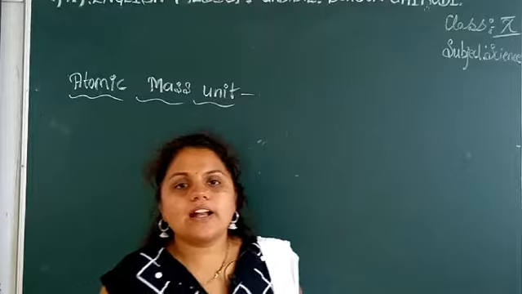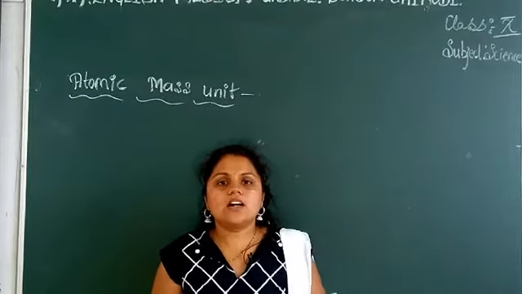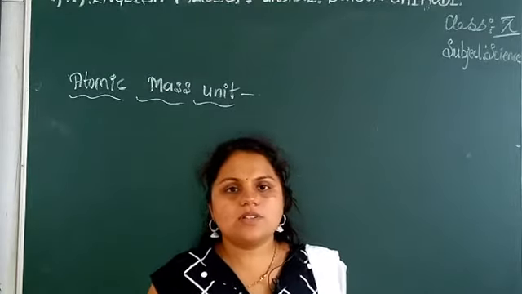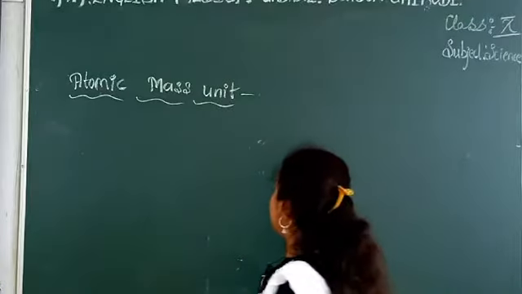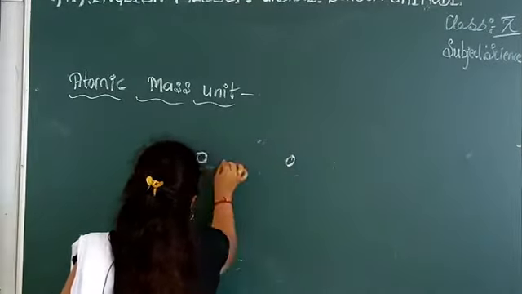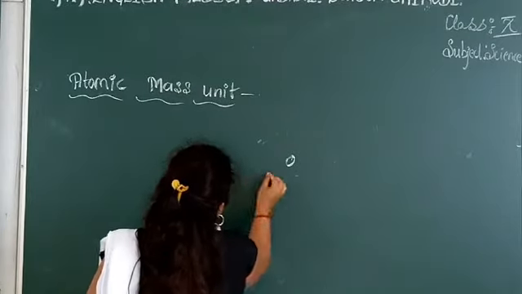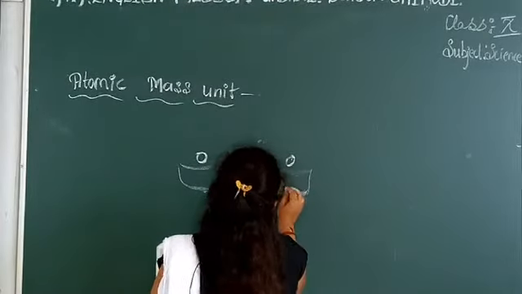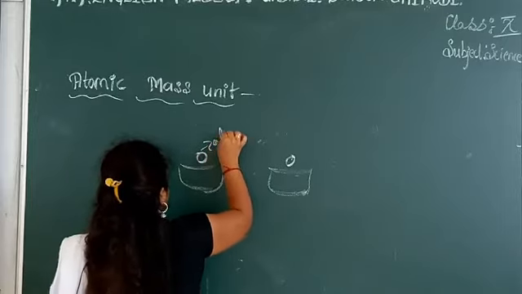He suggested that if we are taking two atoms, it means if we are comparing two atoms, suppose this is the weighing machine and this is the atoms.